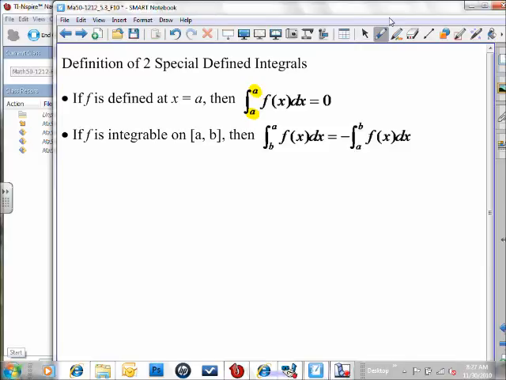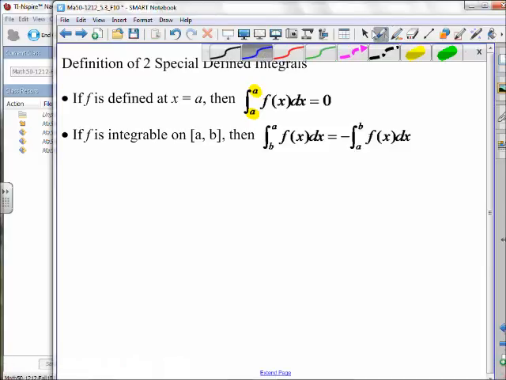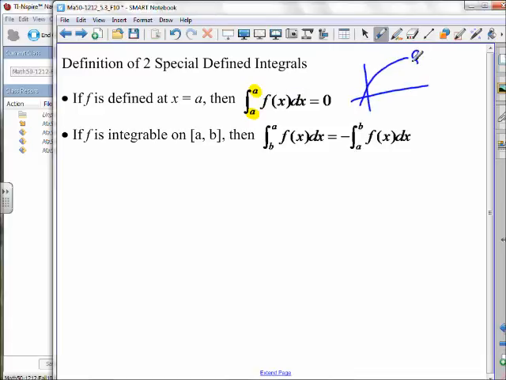It says that the area of the rectangle, so if this is f of x, the area of the rectangle that goes from a to a, what would be the area of that rectangle? Is there a rectangle? No. At most, I would end up with just that vertical line. That's not a rectangle. What's the area of that rectangle? It's 0. Okay? And that's what this is saying.